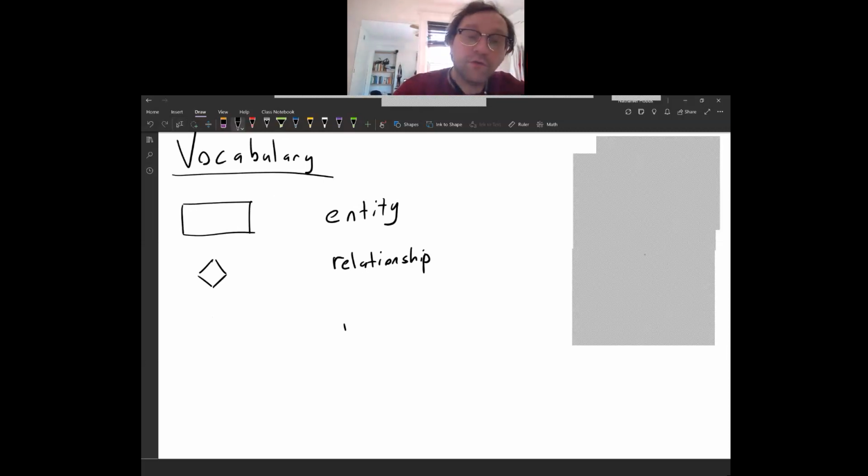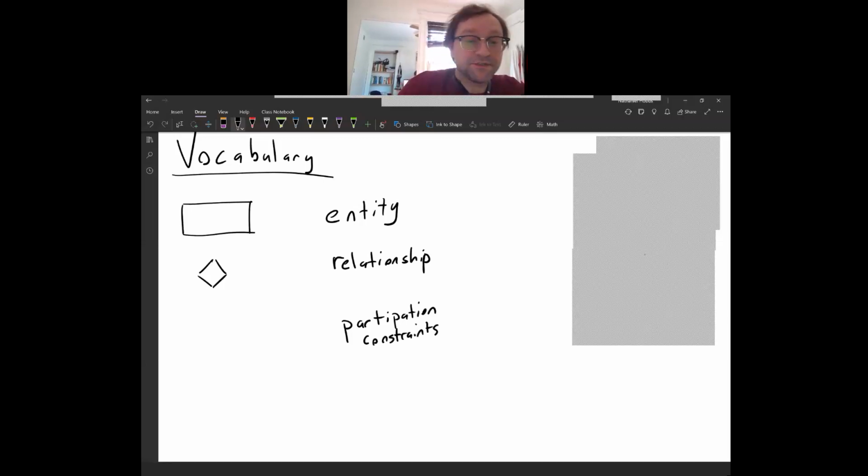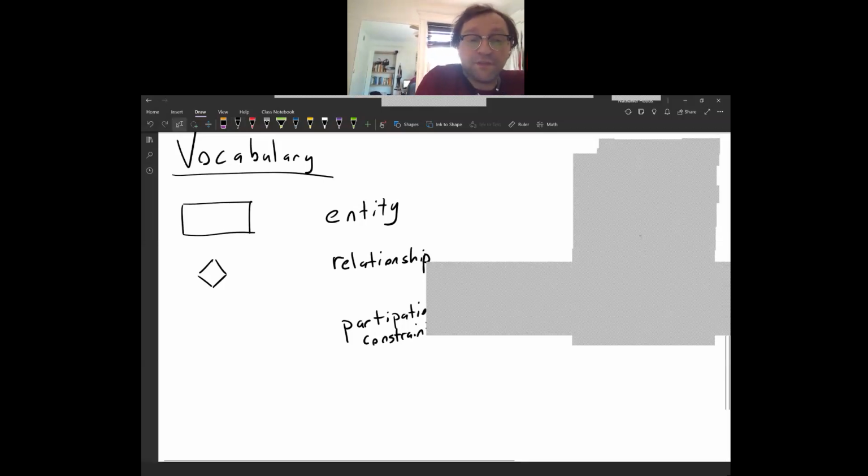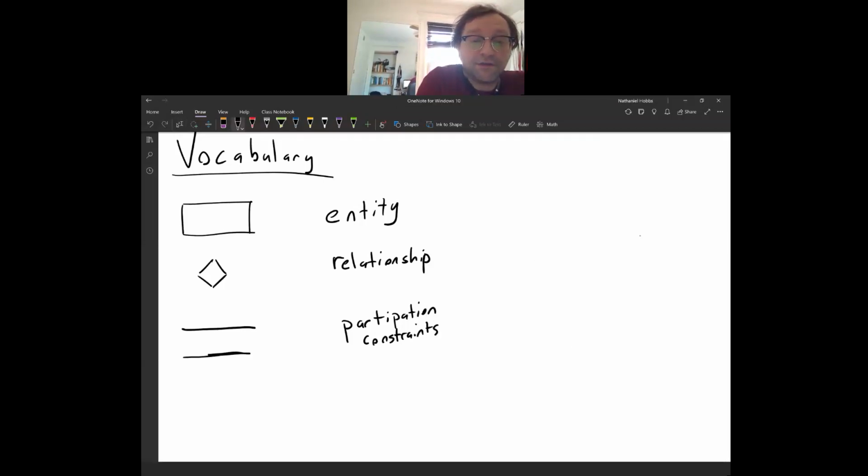Then we have what are called participation constraints. There are 4, and we do these with lines. One is a thin line, one is a thick line, one is a thin line with an arrow, and one is a thick line with an arrow.